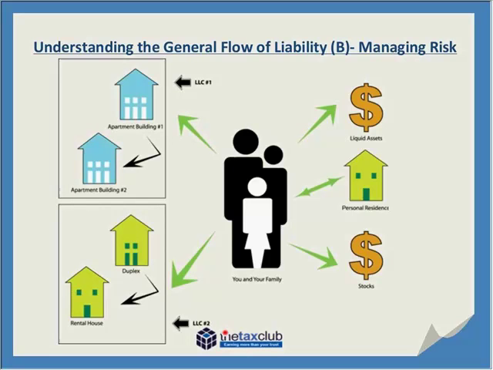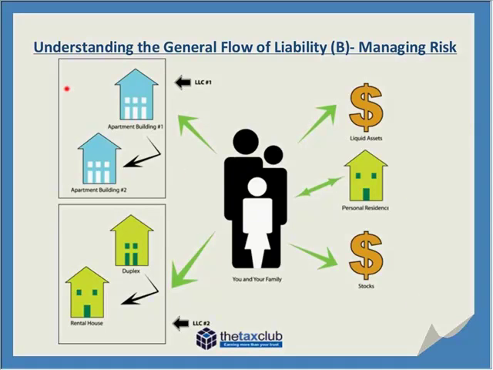It could be a C corporation or an S corporation, or a multi-member LLC or a single-member LLC. In this example, we have the apartment buildings here and the other businesses, which are separated, and you see here the personal assets are not put into an entity, because there's no business purpose for them being in an entity.